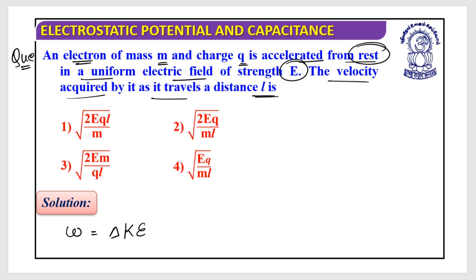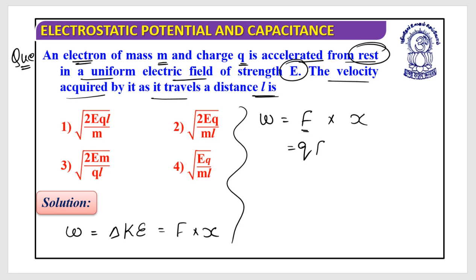Work done is also equal to force into displacement. Here only the electrical force is acting, so this is equal to charge Q multiplied by E. F is equal to QE, that we learn in electric charges and fields. The distance x here is L.